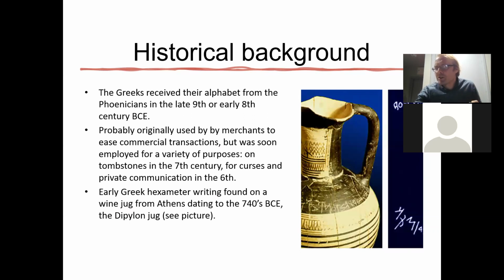But then, of course, the alphabet was quickly taken over into a wide variety of uses. So, for instance, hexameter in the Homeric Greek language has been found on a wine jug from Athens, dating from the early 740s BC.